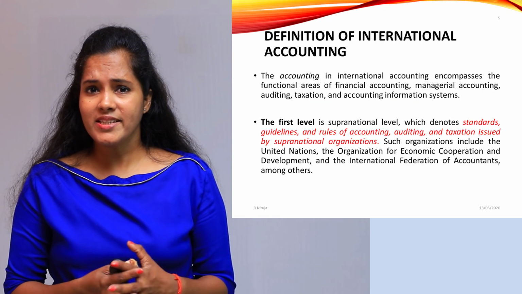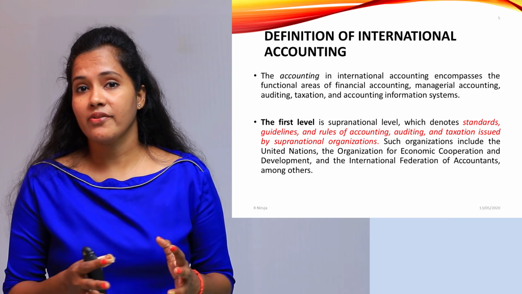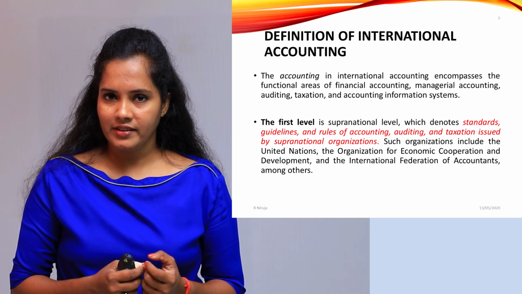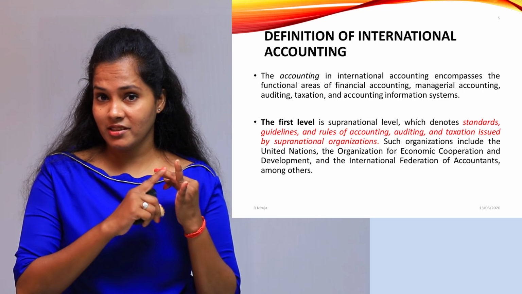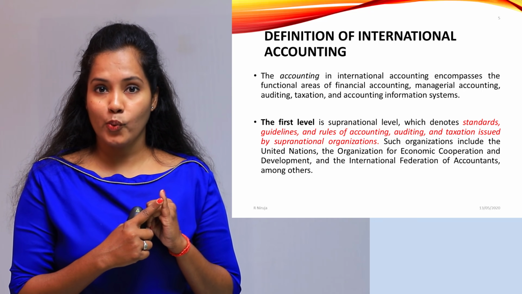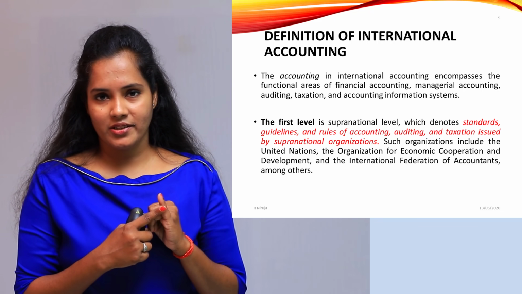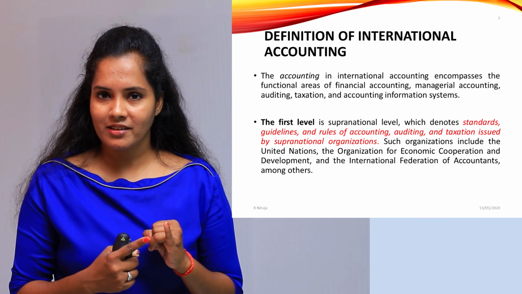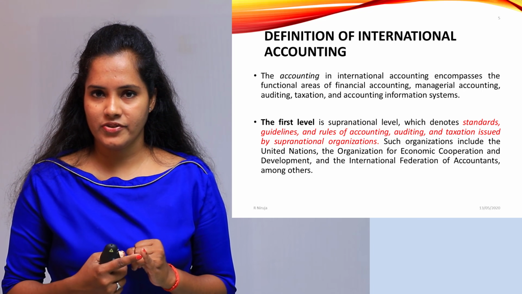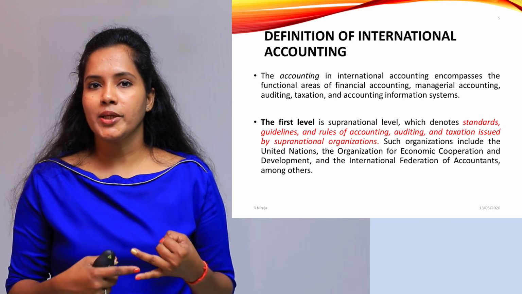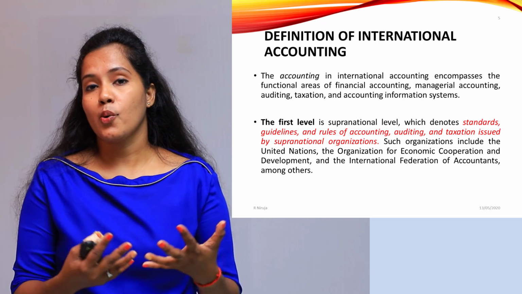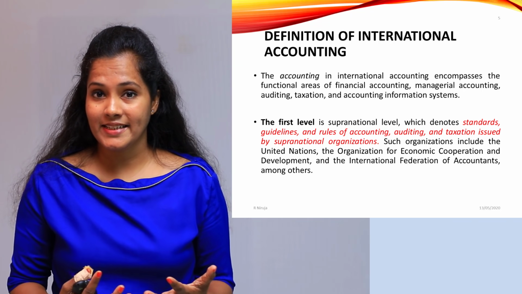So with this meaning, let's look at the definition of international accounting. We can define international accounting at three different levels. The first level is known as the supranational level. At the supranational level, supranational organizations develop accounting principles, guidelines, and standards in order to provide common accounting practices.